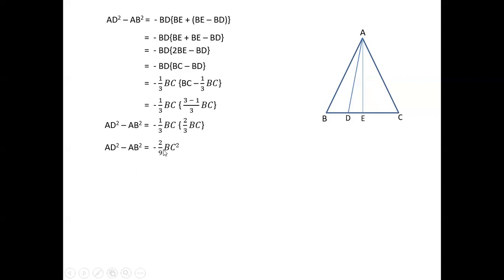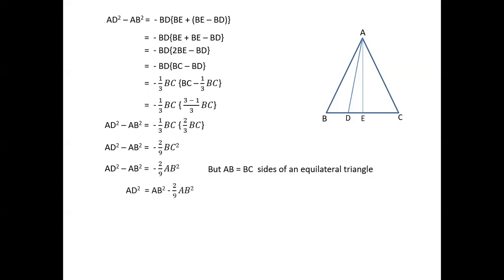But BC is a side of the triangle and we want the answer in terms of AB. Since AB is equal to BC, being sides of an equilateral triangle, we change BC to AB. Bringing this to the right side, AD square is equal to AB square minus 2 upon 9 AB square.